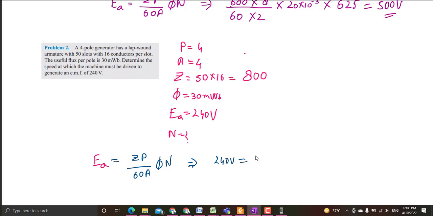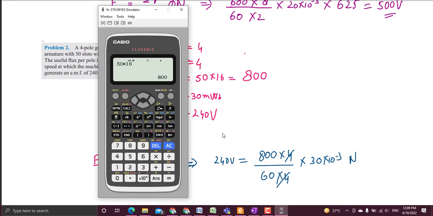This is equal to Z, which is 800, into P, which is 4, divided by 60 into A, which is also 4, into phi, 30 milliweber, 30 into 10 to the power minus 3, into N. So the 4s cancel out.